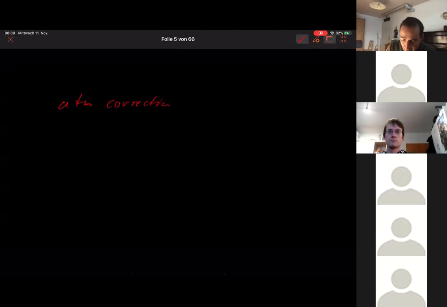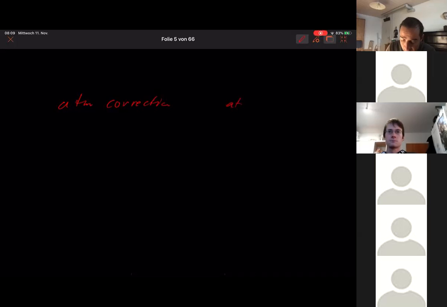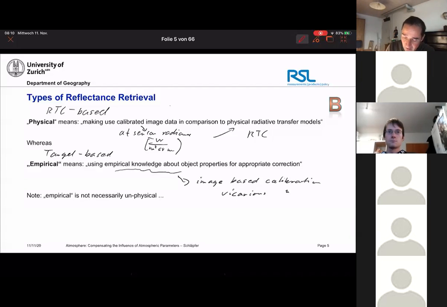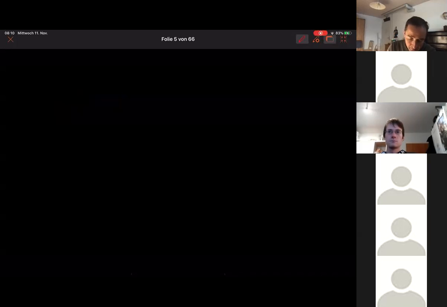We also got atmospheric compensation. Both are used. Historically, the process has been called atmospheric correction. The correction term, if you use that one, it implies that something was wrong, and that's not what we wanted.